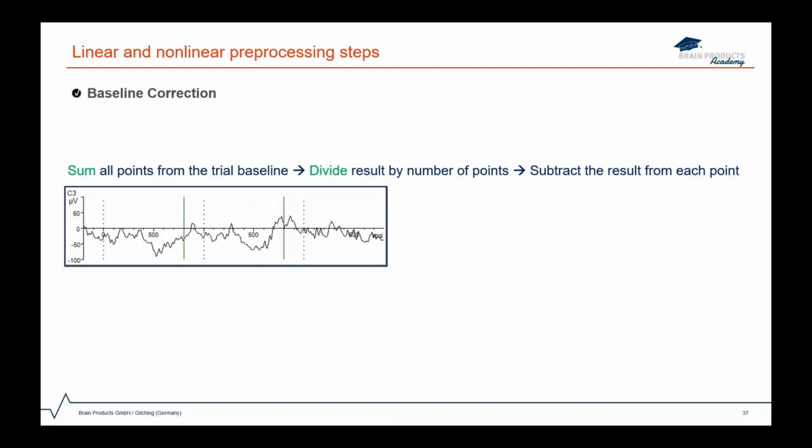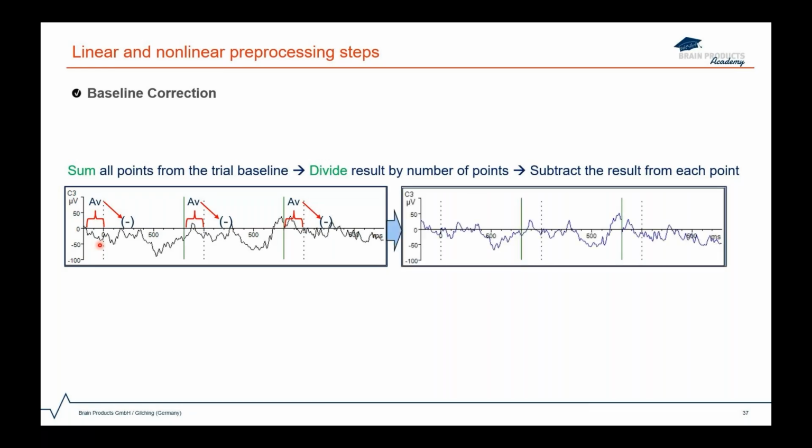What the baseline correction does is sum all the points from the trial baseline, and then divide the result by the number of points, obtaining the average of the baseline period at each trial, and then this average is subtracted from the waveform to obtain the baseline corrected data. When we check these processes, we can see that baseline correction is linear, as it only involves summation, dividing by the number of points, and subtracting.